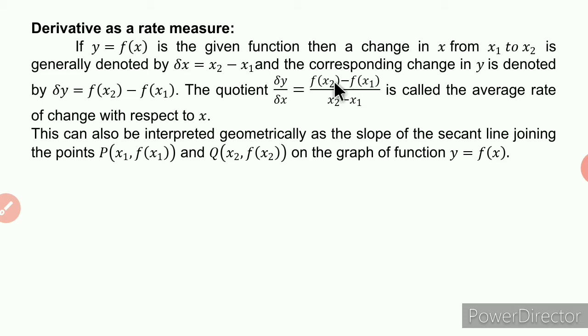Here it is the slope of some line, and so from this we can interpret geometrically as the slope of the secant line joining the points P(x1, f of x1) and Q(x2, f of x2) on the graph of the function y is equal to f of x.